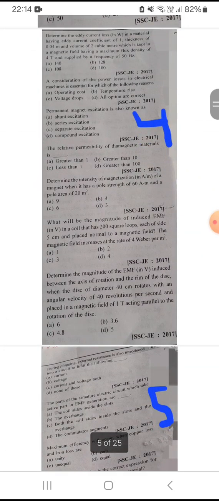Next, determine the eddy current loss in watt in a material having eddy current coefficient of 1, thickness of 0.04 meter and volume of 2 cubic meter, which is kept in a magnetic field having maximum flux density of 4T supplied by a frequency of 50 Hz.